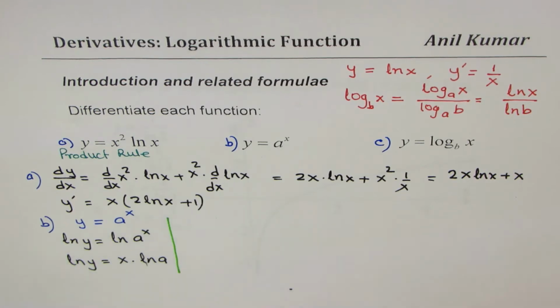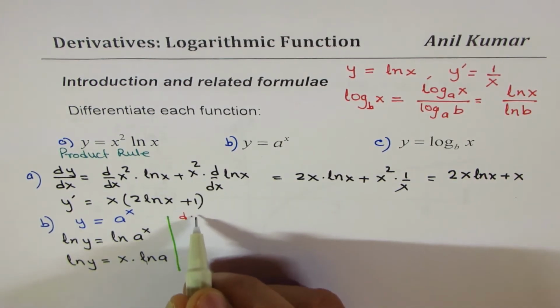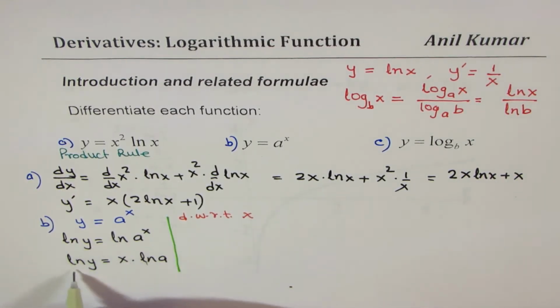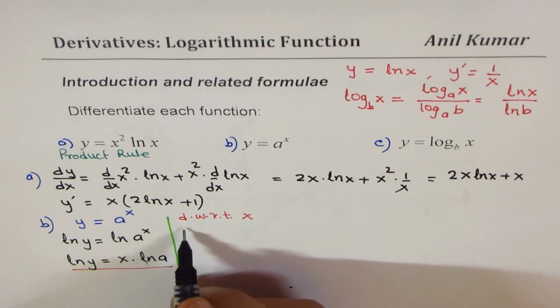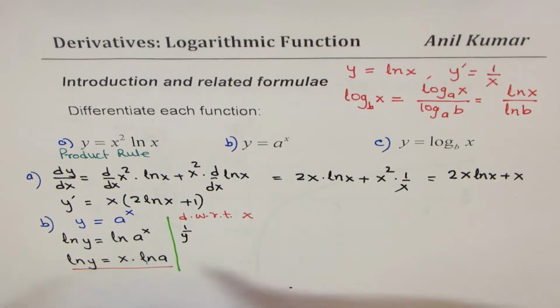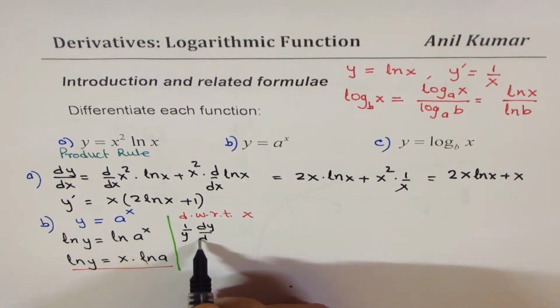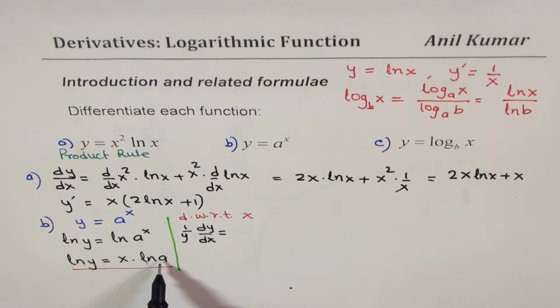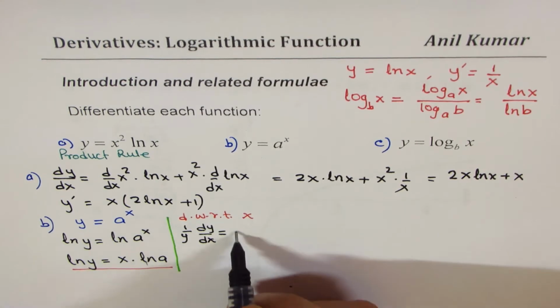Now if we differentiate with respect to x on both sides, what do you get? Derivative of ln y will be 1 over y, so we get 1 over y dy dx, equals, here ln a is a constant, so we really get just ln a.